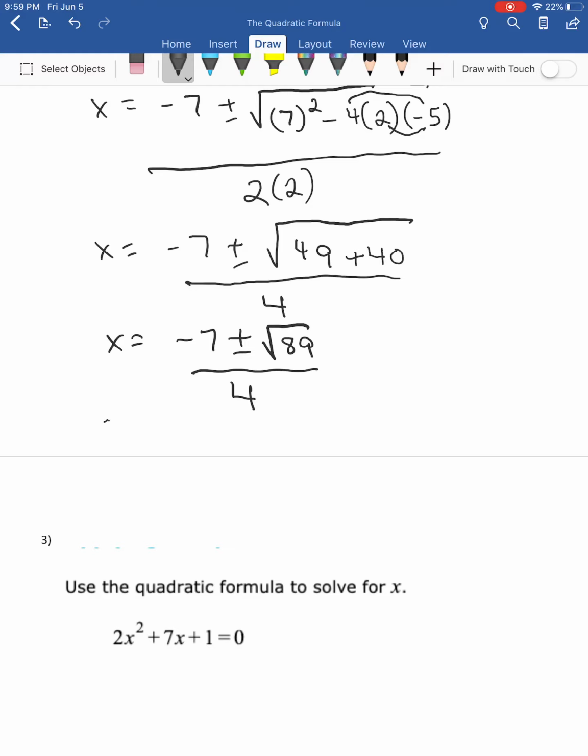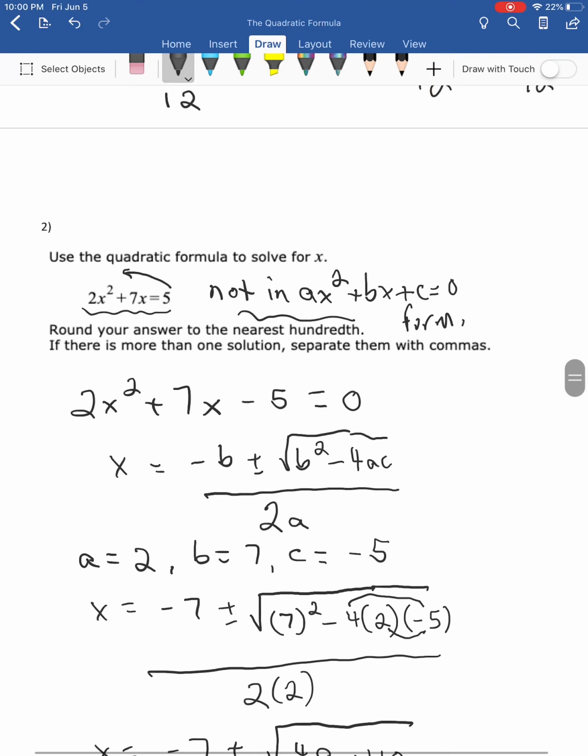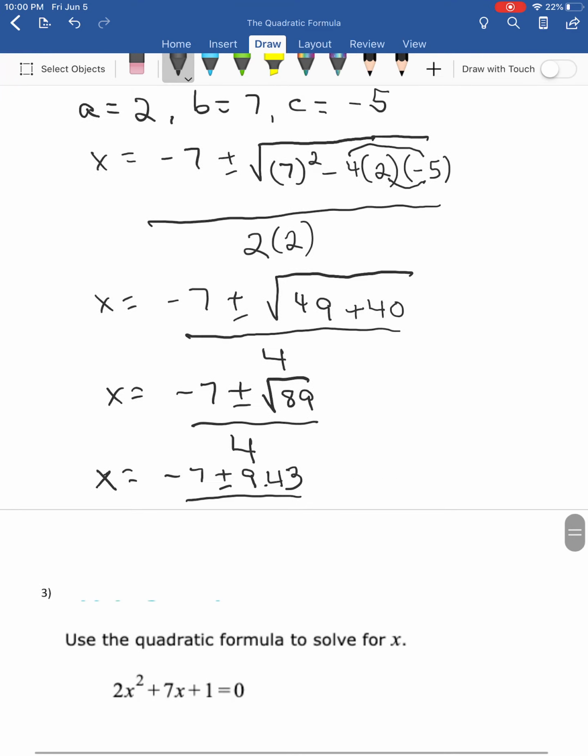So x equals negative 7 plus or minus 9.43 over 4, and notice I'm keeping two decimal places because it says hundredth.